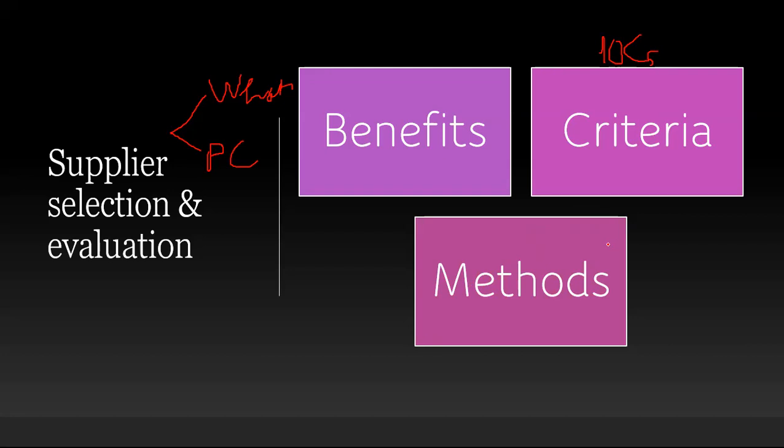We also have to consider the methods of supplier selection and evaluation. We have two major methods. The first one is the best price method, where we only select the lowest price bid for a tender.